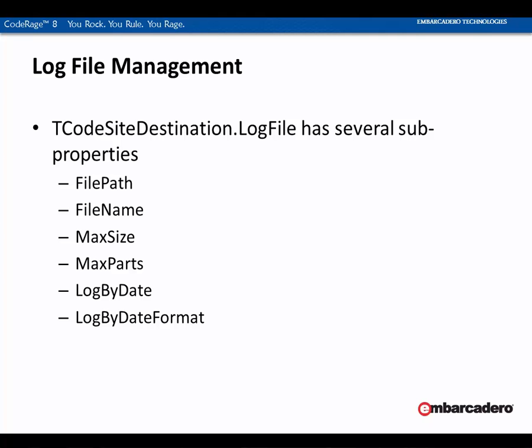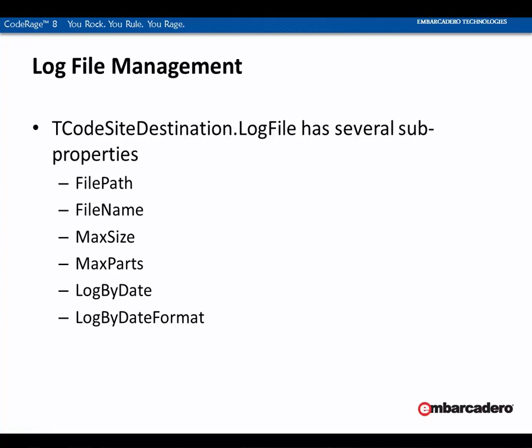When you set up a destination, the minimum pieces that you need are the first two, the file path and the file name. That tells the destination object where the log file is going to be located, and how to name it. Now, the other parameters are optional, but they're very important. Max size especially.